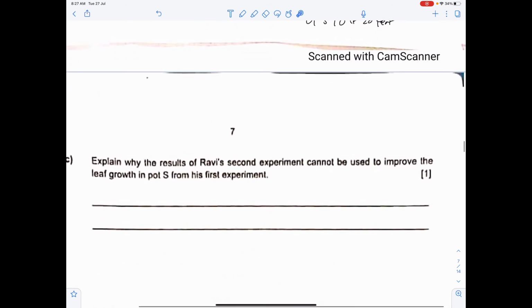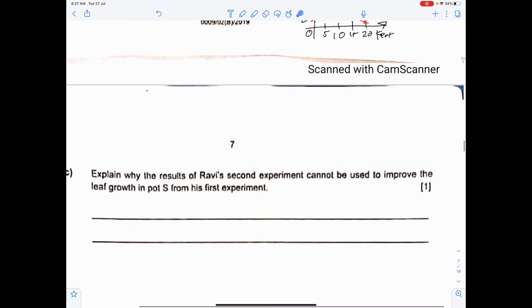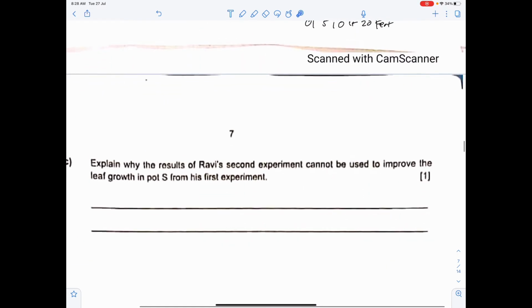Explain why the results of Ravi's second experiment cannot be used to improve leaf growth in pot S from his first experiment. Actually, if you ask me, this question is kind of disguised like a fair test question. But in this case, it's an unfair comparison, isn't it?